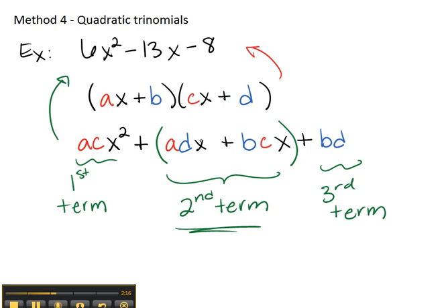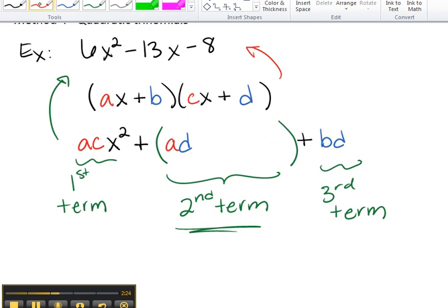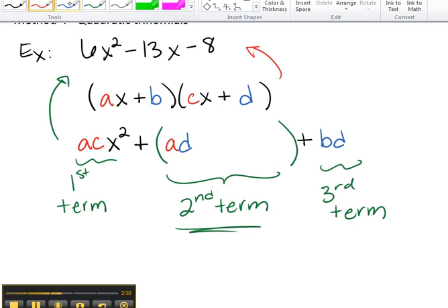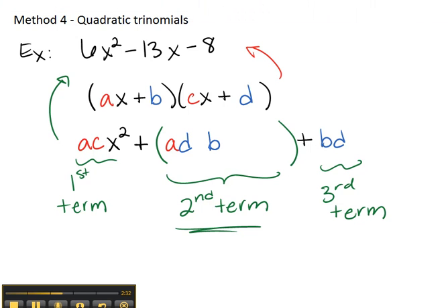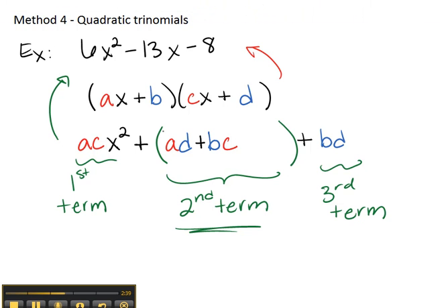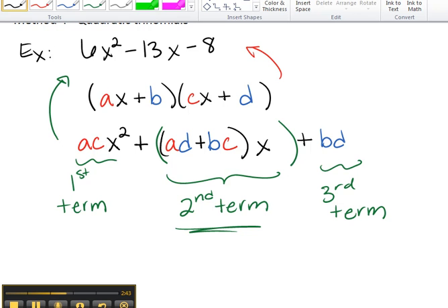What that will end up being is (ad plus bc), and then that all times x. That becomes our second term.